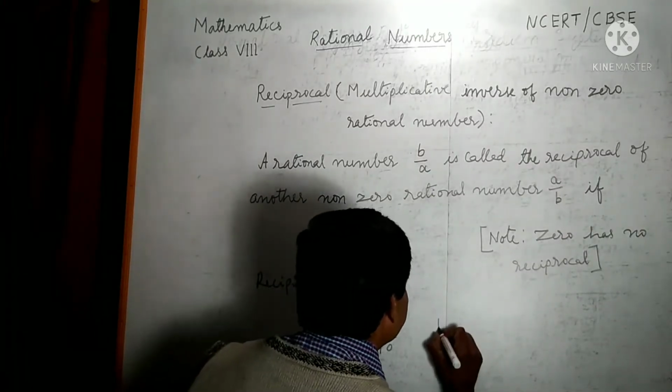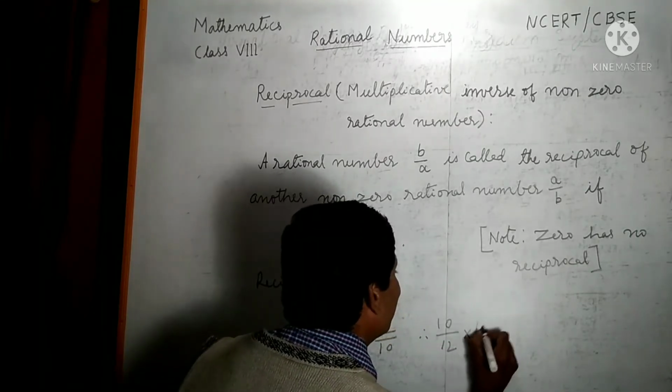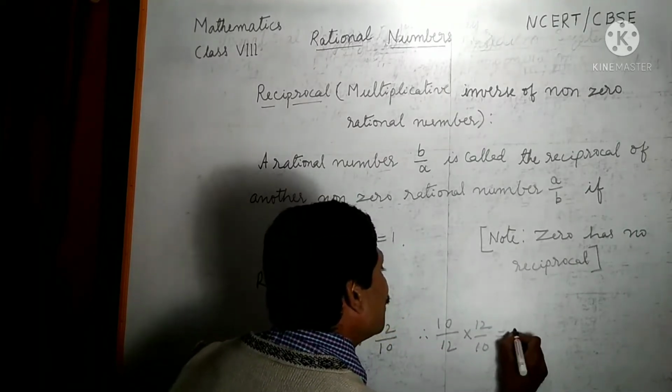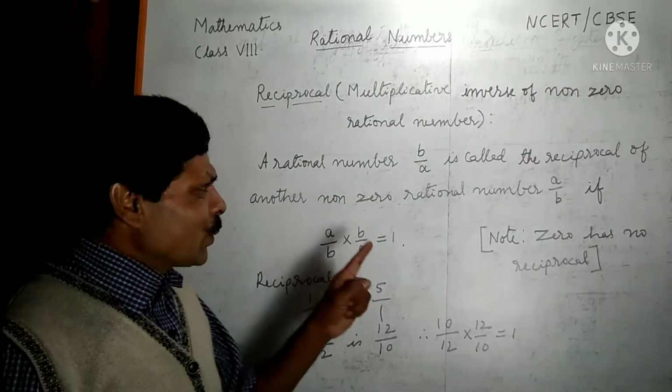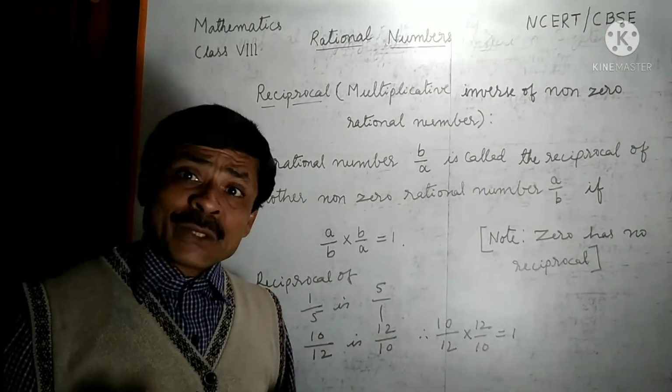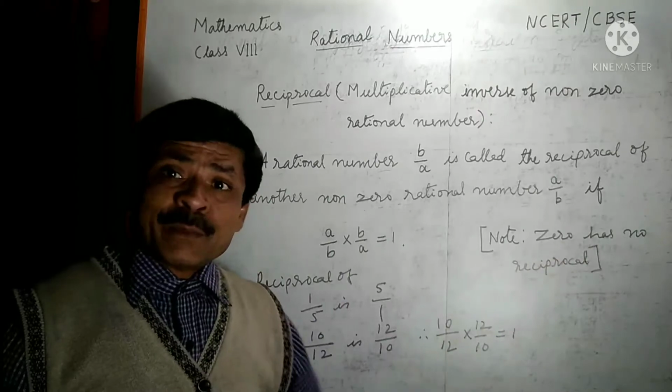Therefore 10 by 12 into 12 by 10 is equal to 1. And when we multiply 0 to any number, we will get 0. We will not get 1. So that 0 has no reciprocal.